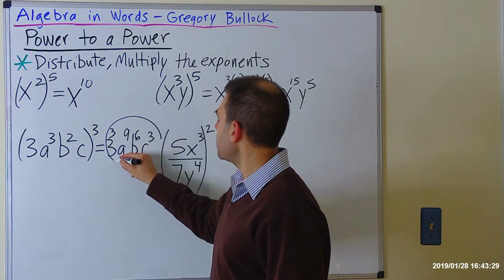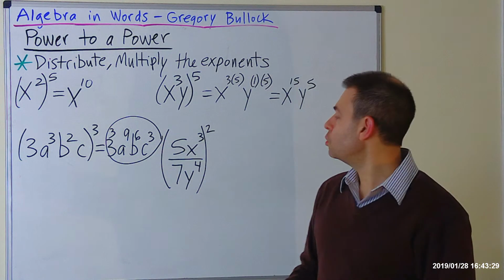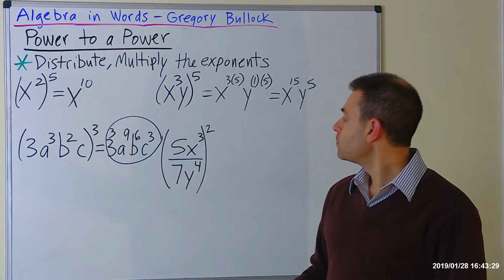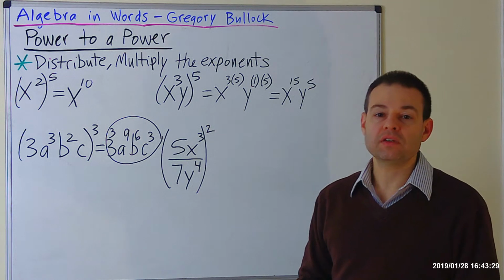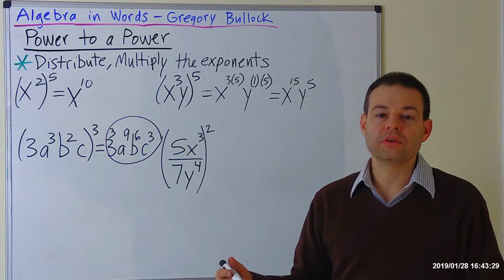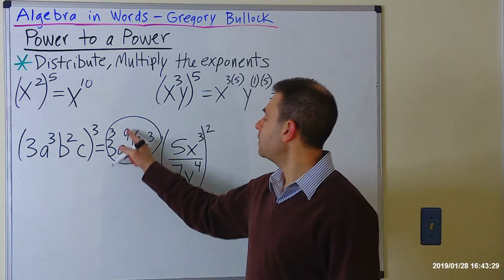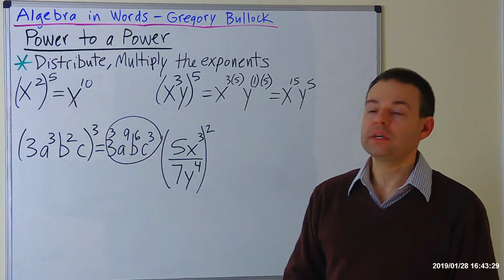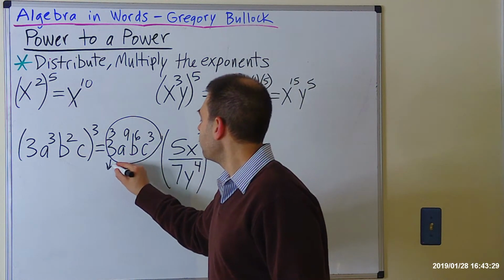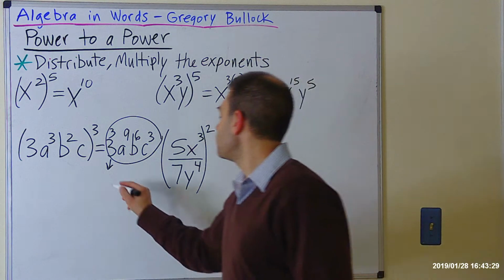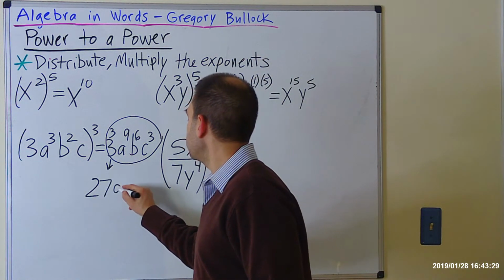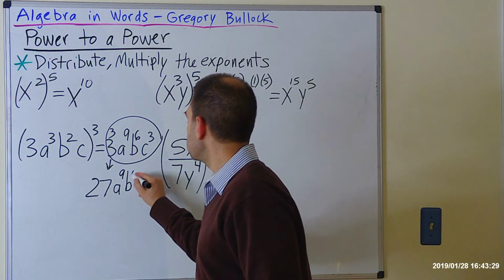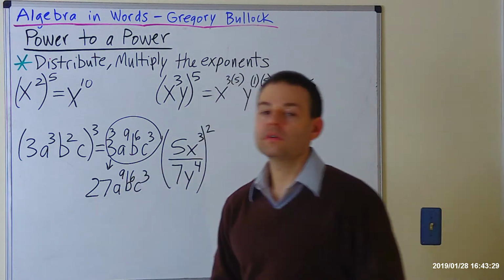This answer is acceptable. 3 cubed, a to the 9th, b to the 6th, and c cubed. But if you or your teacher prefer that you expand a number raised to a power, then that's fine. You could also write this as 27 a to the 9th, b to the 6th, c cubed.